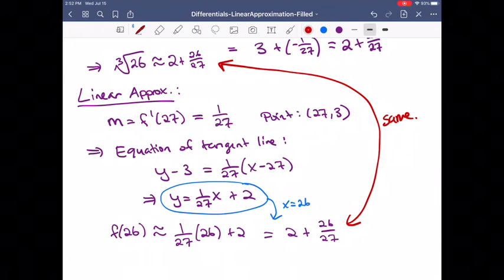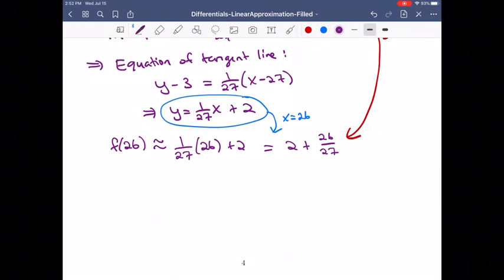Now just to compare, I'm going to put the decimal here. If you used a calculator and computed this, you get 2.962963 approximately.